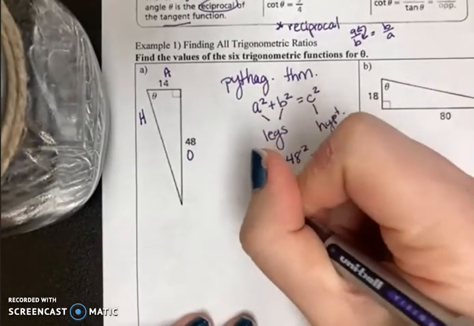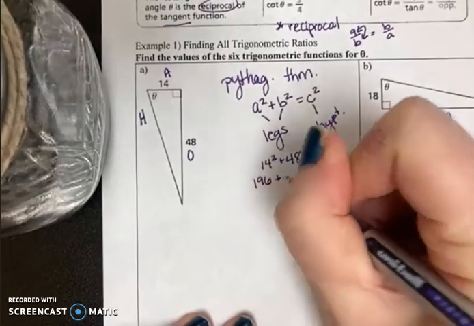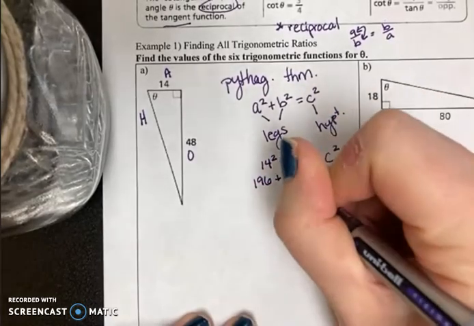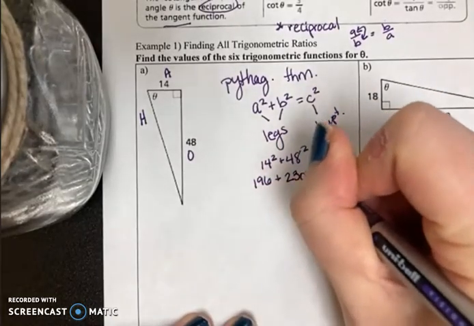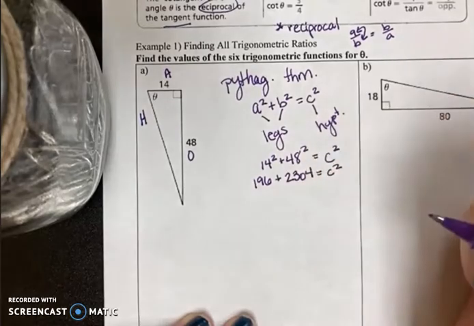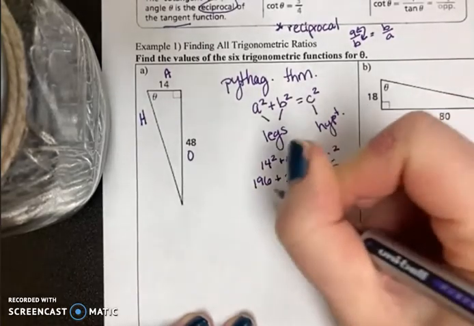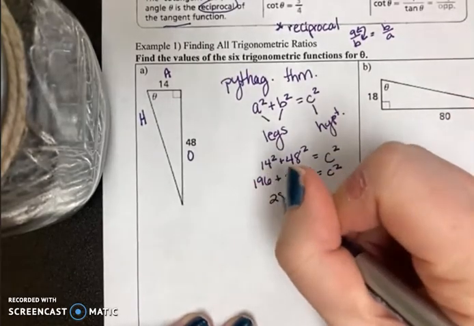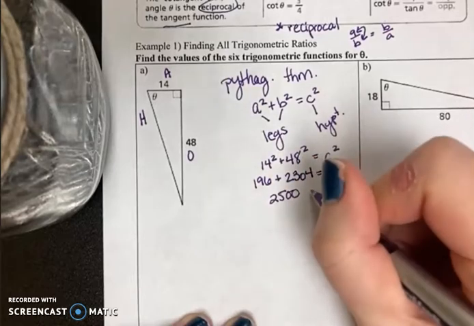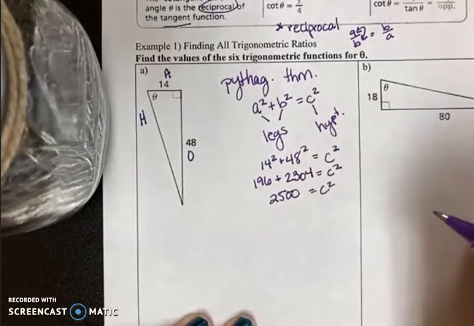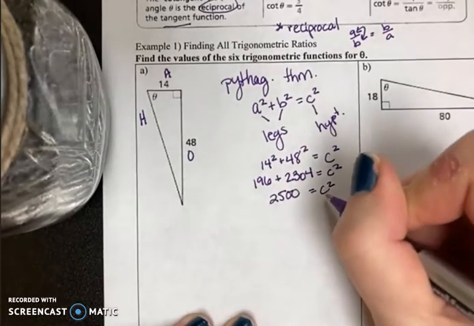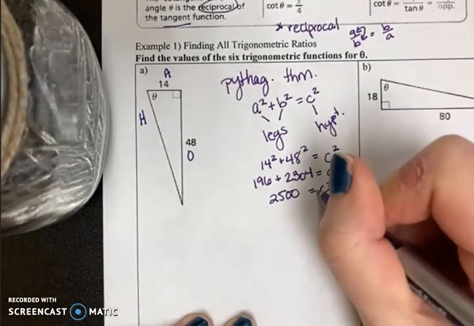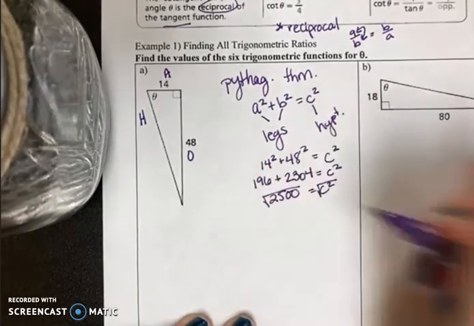14 squared is 196, plus 48 squared is 2,304. Add those two things together, I get 2,500. Now, in order to solve for C, I need to take the square root of each side.